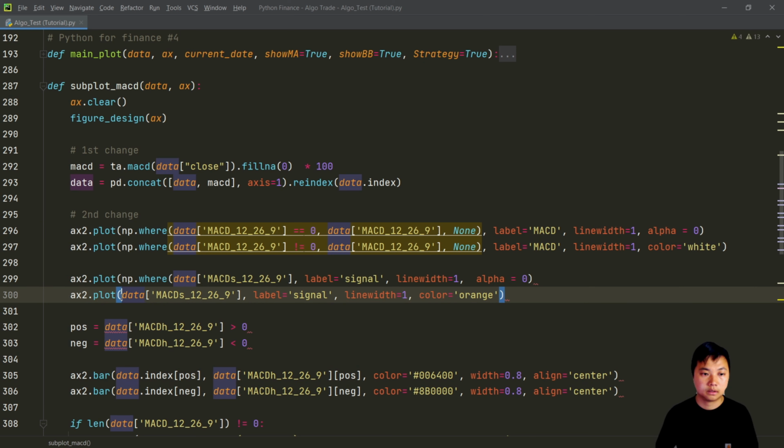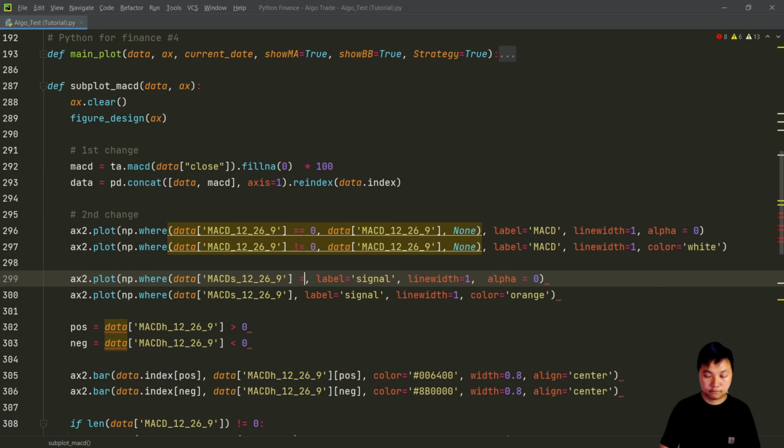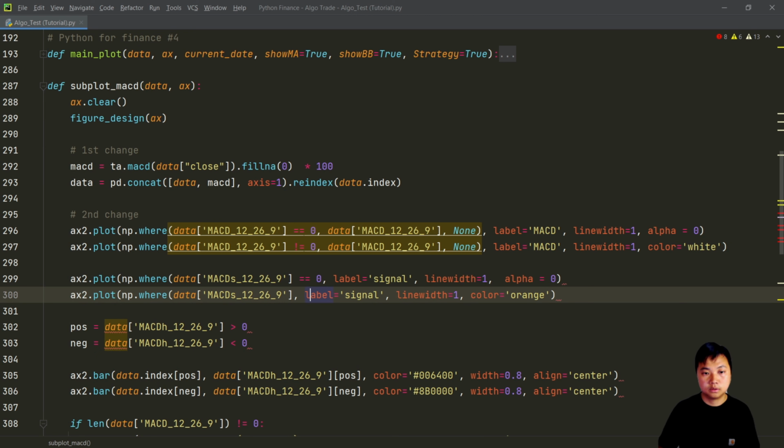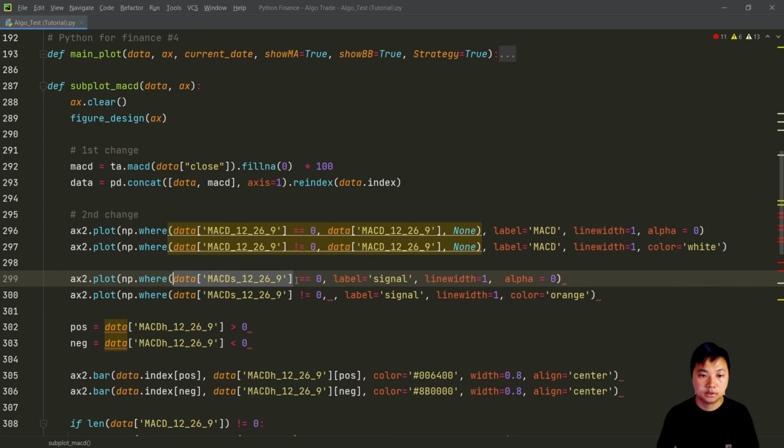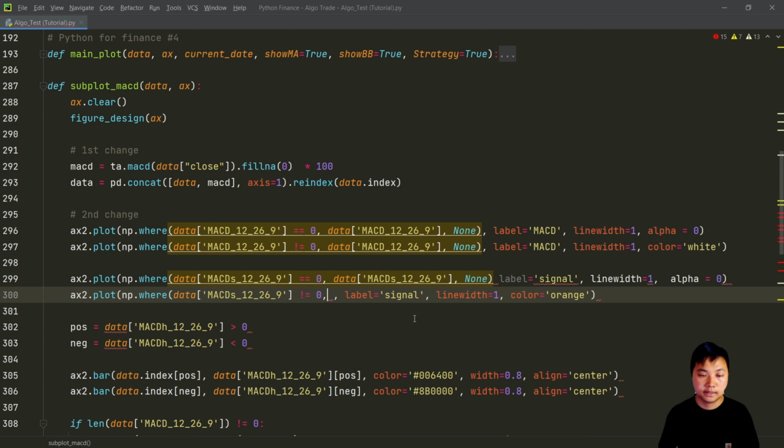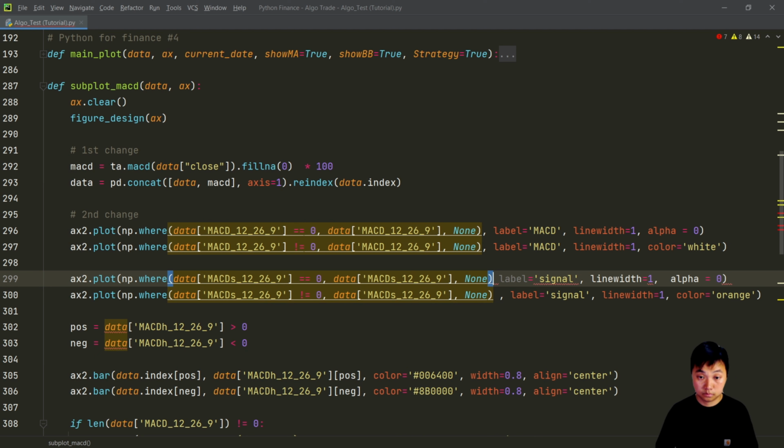Let me add these conditions: if that is equal to 0, and if that is not equal to 0, in this case I will set it back to the original values, otherwise just set it to None. Again, if that is not equal to 0, just set it as the original data.